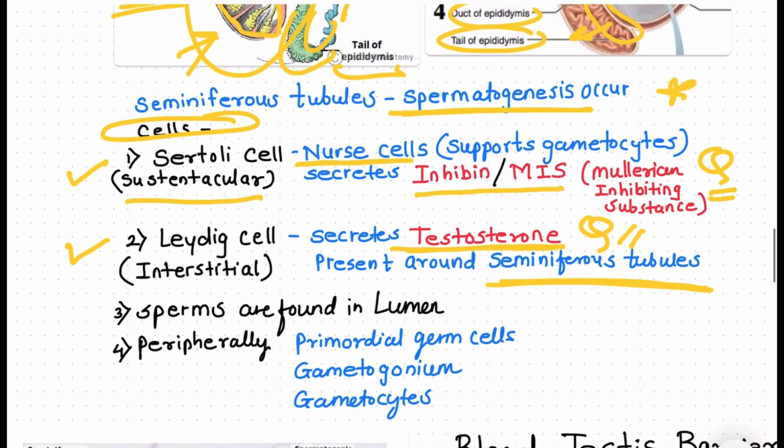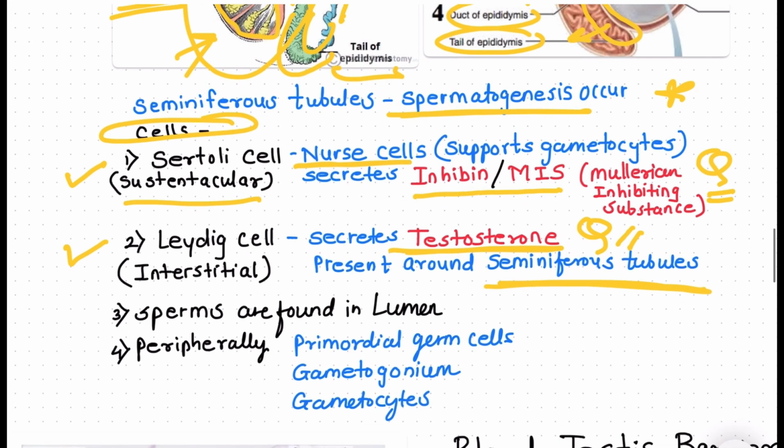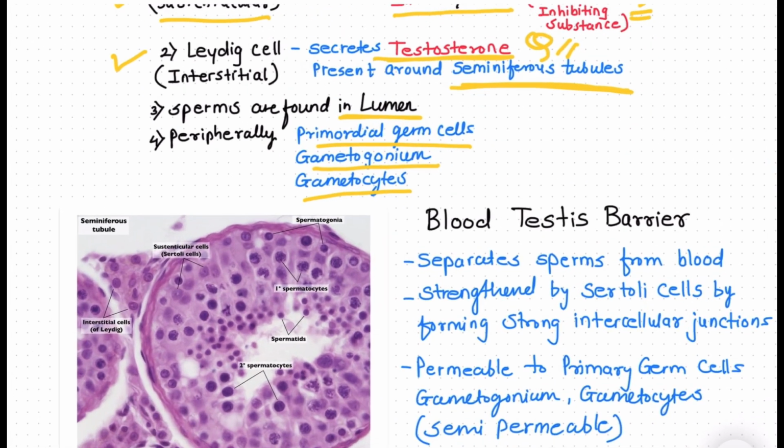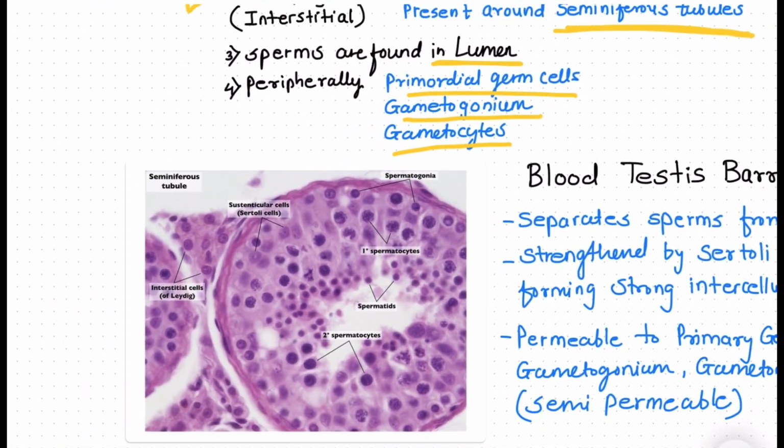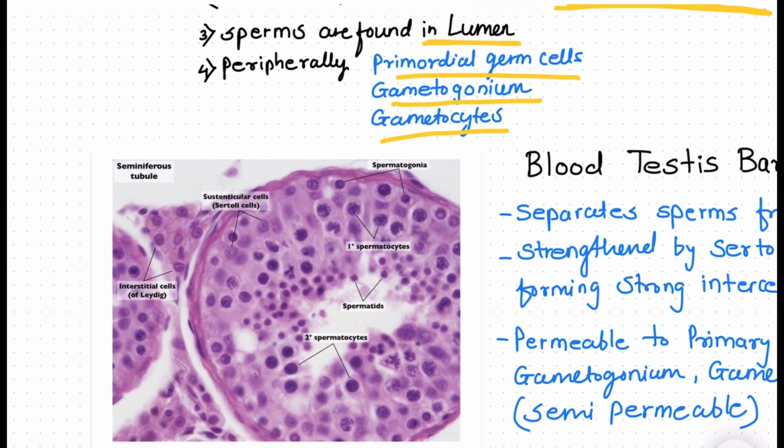Sperms are found in the lumen, and peripherally primordial germ cells, gonia and gametocytes are present. Now you will understand what I was telling you. This is a cross section of a seminiferous tubule. There is a lumen at the center and the sperms are found in the lumen.